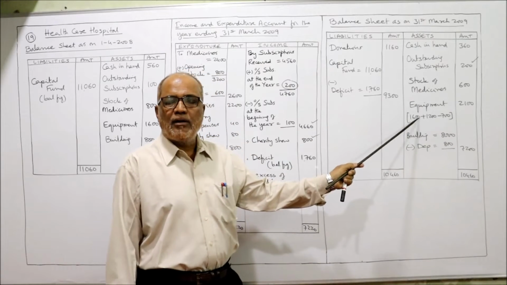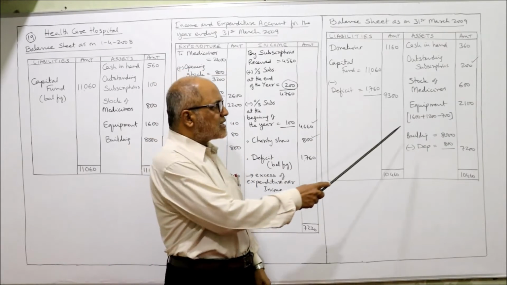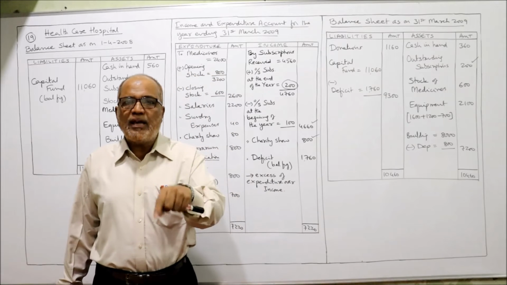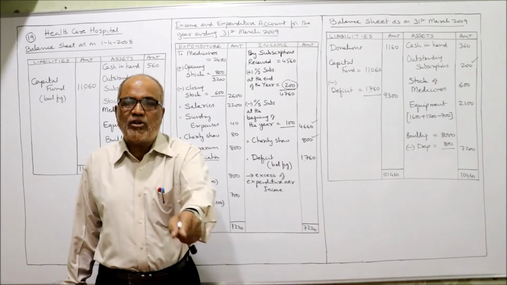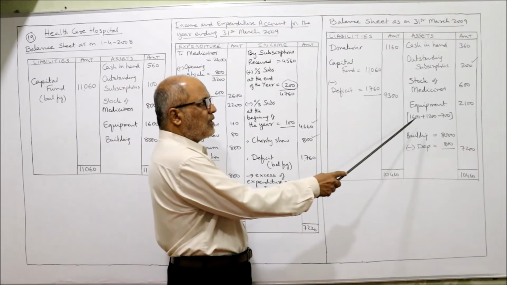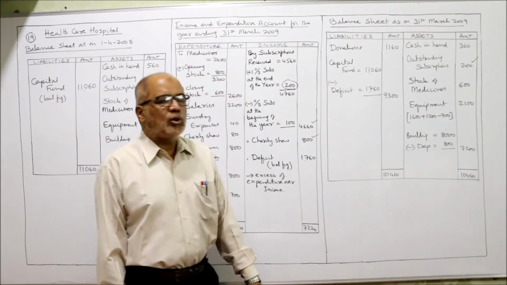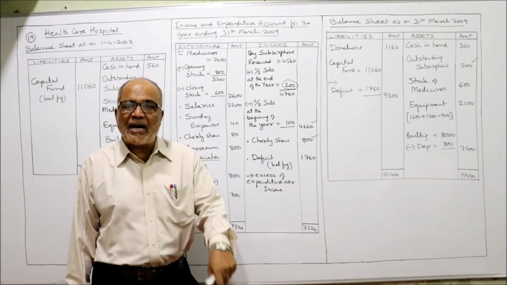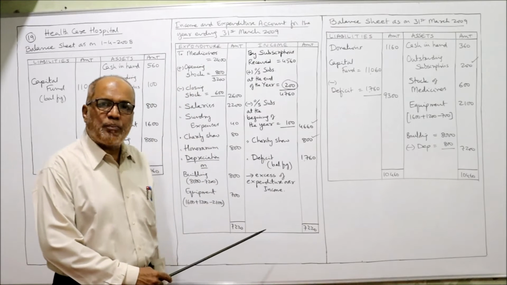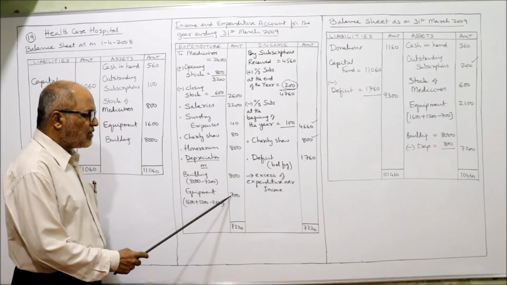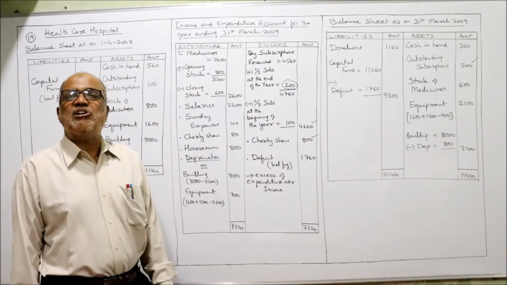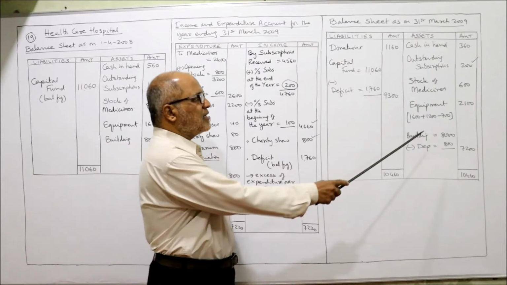Now equipment. Equipment beginning of the year 1,600. During the year equipment purchased, that is given on the payment side, 1,200. So 1,600 plus 1,200, 2,800 minus how much depreciation provided during the year, 700. On equipment, 700 rupees depreciation provided, minus 700.